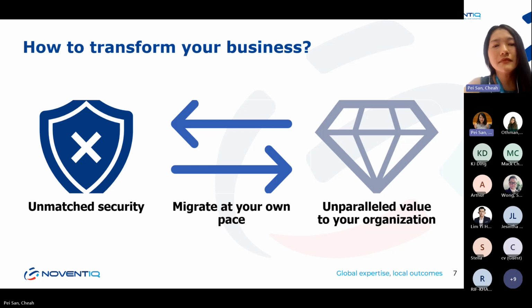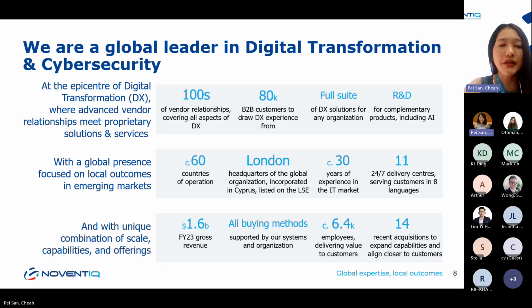And let me move on to how Novantic can actually assist you. We are present in over 60 countries. We are a global Microsoft partner. Our HQ is based in London, and we have over 6,000 employees. Basically, we support all sorts of local languages, providing you very global expertise for your local requirements.